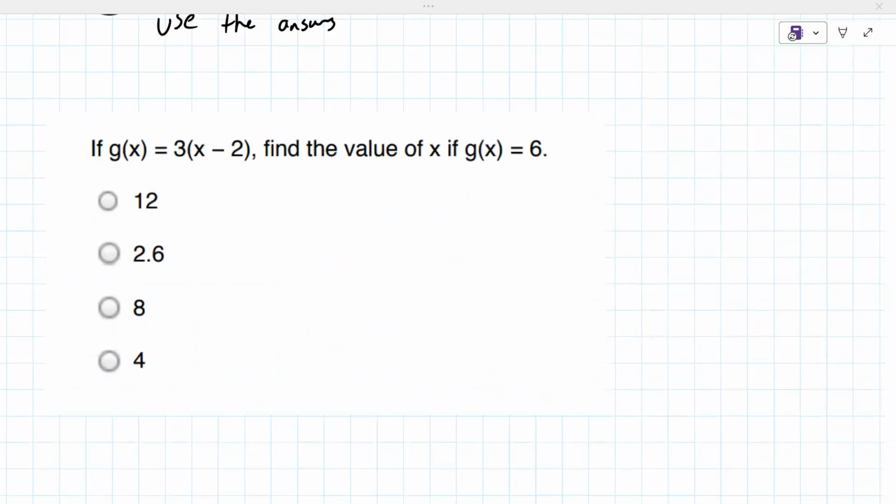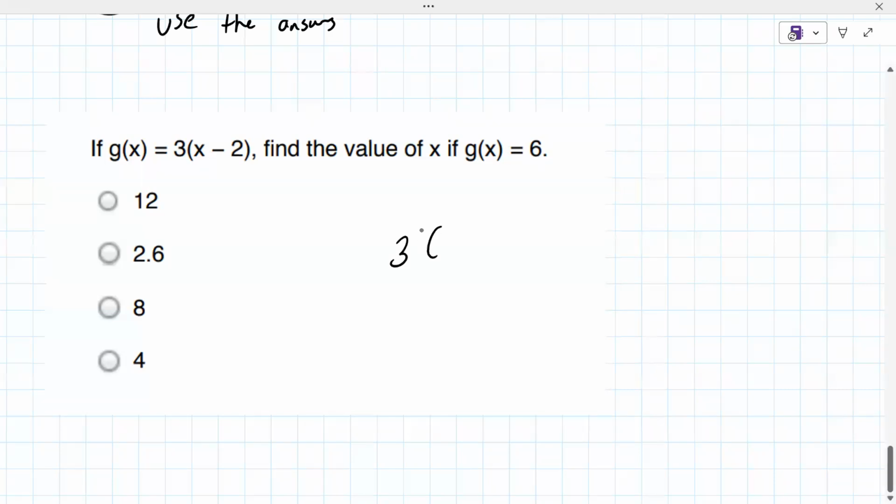Go ahead and take a look at that, please. Is it 4?